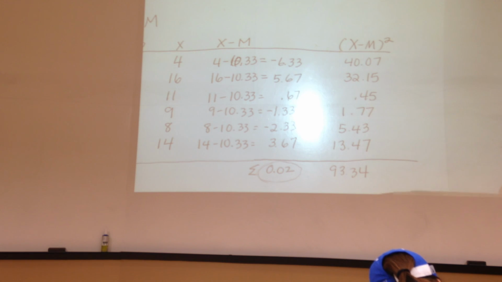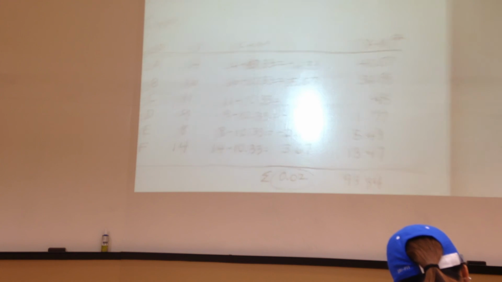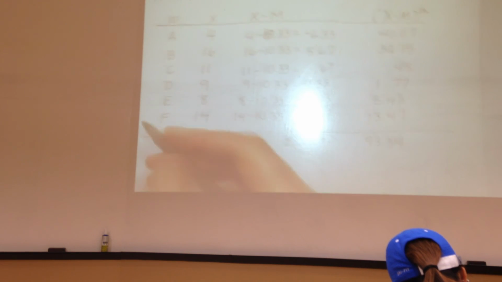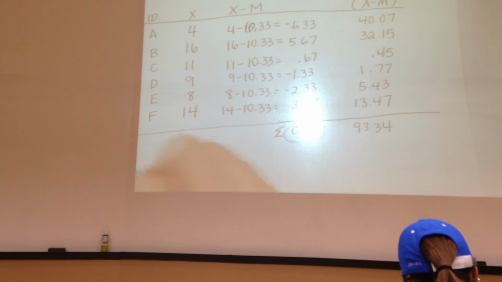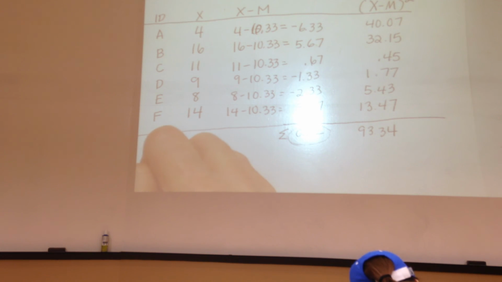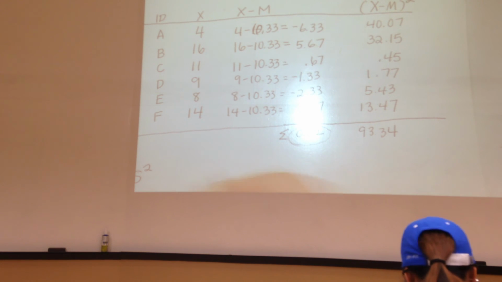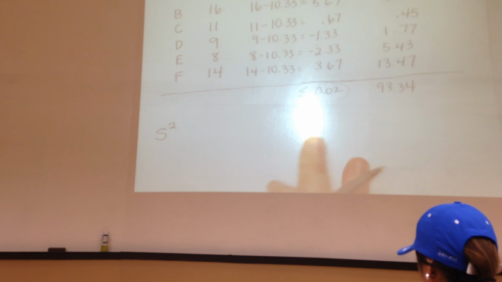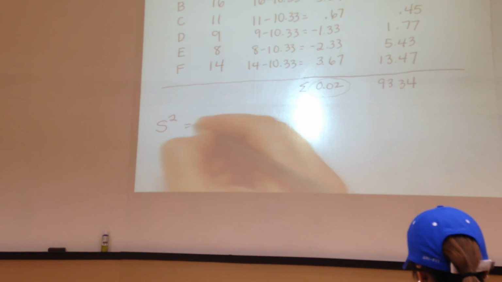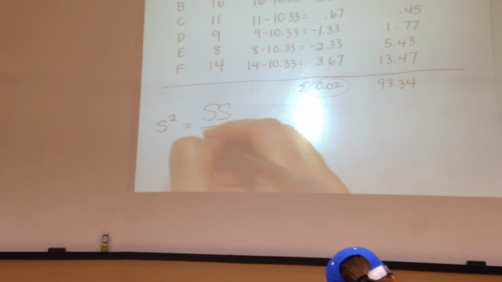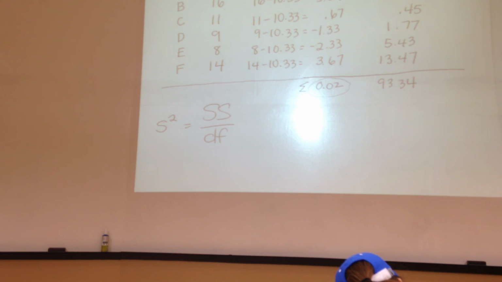Okay, so do you know where the 93.34 came from? Are we good? All right, so when we want to calculate sample variance, that is sum of squares over degrees of freedom. So you want to take a wild guess.